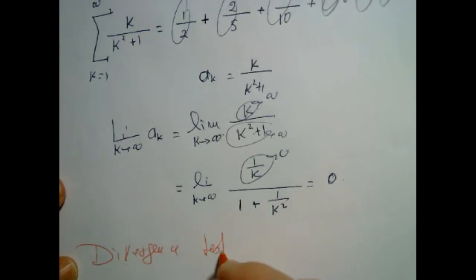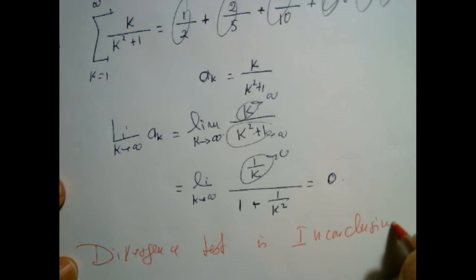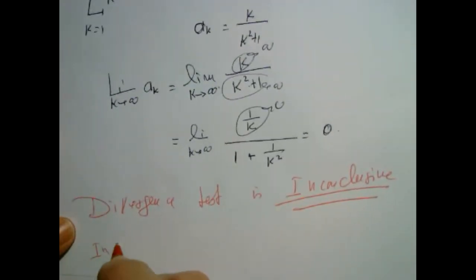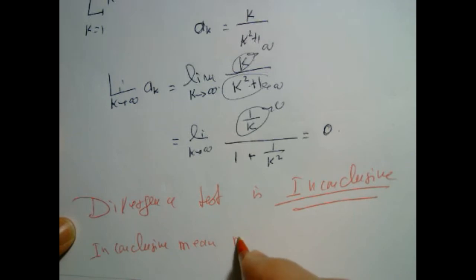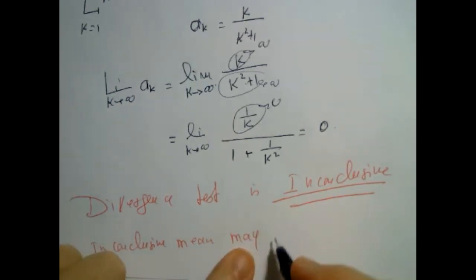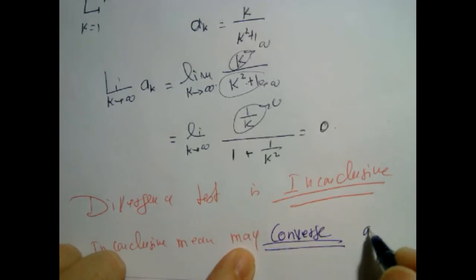What do I mean by inconclusive? Inconclusive means it may converge or diverge.